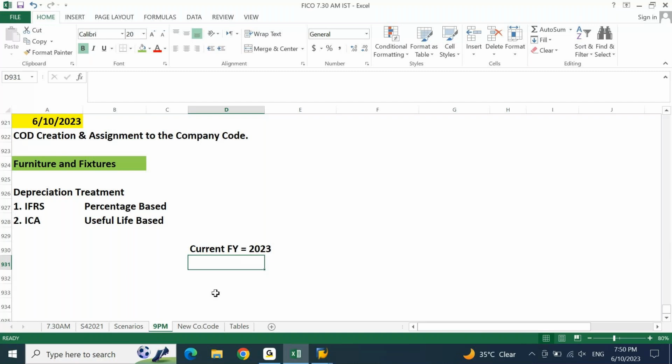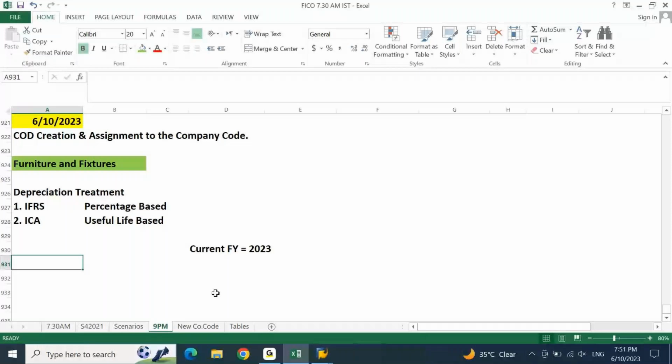Let's say you are in fiscal year 2023 and you are in the current period. What is our current period? June. Correct? According to these two lines, you are currently in June 2023. Am I correct?